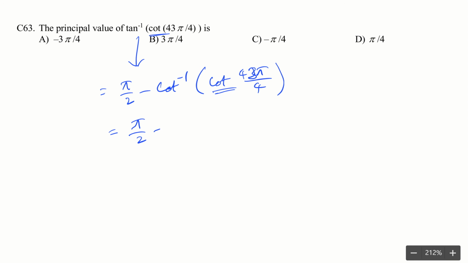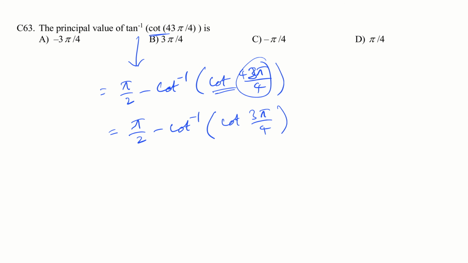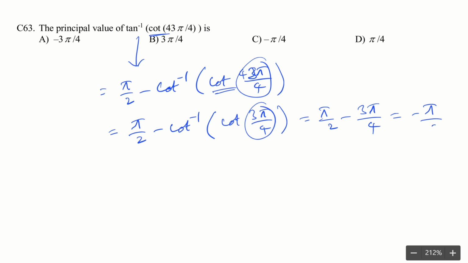Therefore, I can take away any number of pi's from the argument. So from this, I'll take away 10 pi's. I'm going to have it as cot of 3 pi by 4. So you can see that now, as it is the principal argument, I'll have it as pi by 2 minus 3 pi by 4, which is nothing but minus pi by 4.